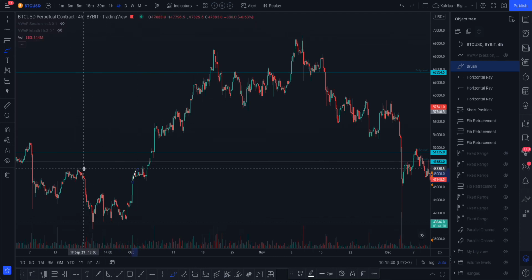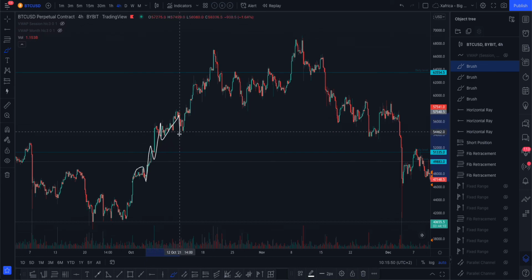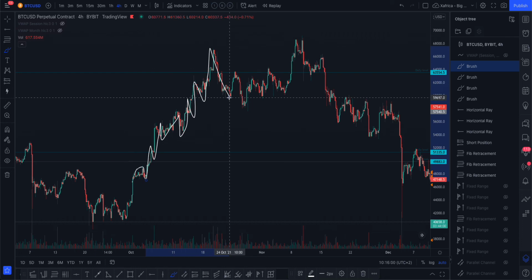See there, we just crossed that one, so we're making a higher high and a higher low, because that low is higher than this one. Higher high, higher low, higher high, higher low, higher high, higher low, and so it goes on. That's the market structure. It goes higher high, higher low. We were still in a bullish market.